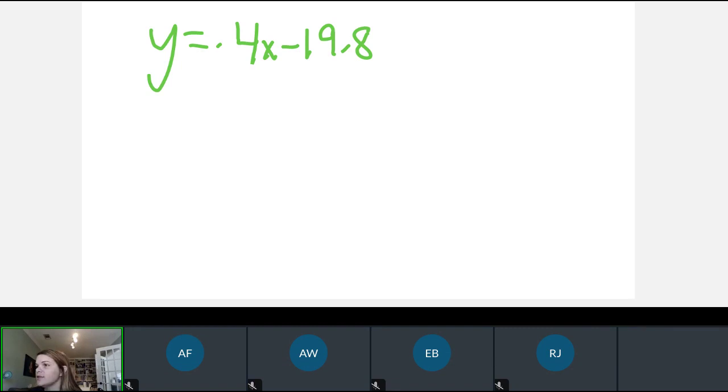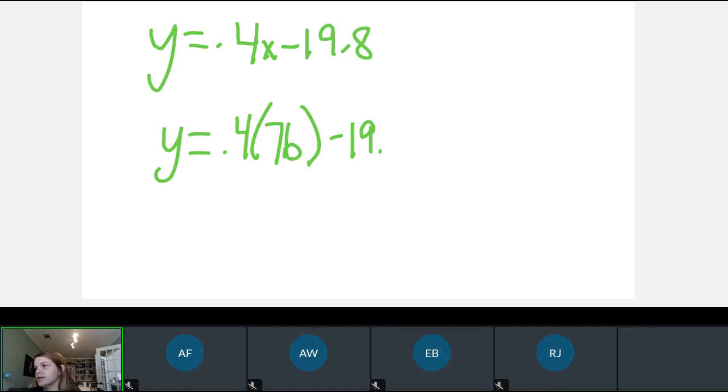So if the height is 76, I'm going to plug in 76 for x. So I'm going to do 0.4 times 76 minus 19.8. You're going to get a number, and that's the number you're going to put in for your predicted value. Predicted value just means you are plugging in a number for x.